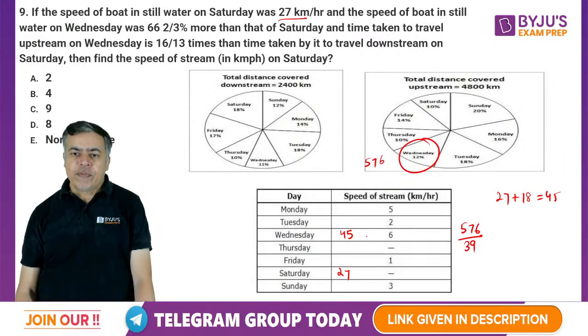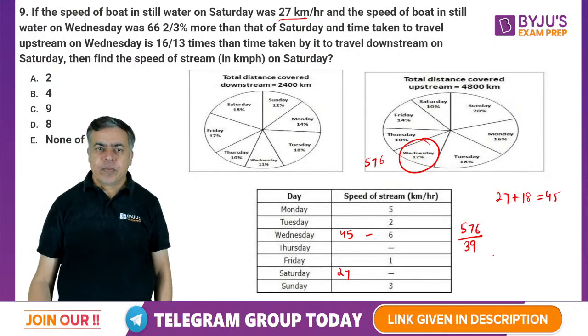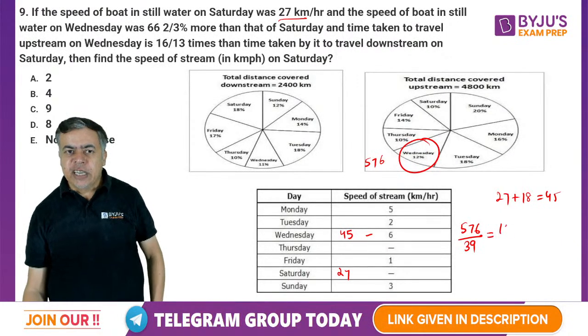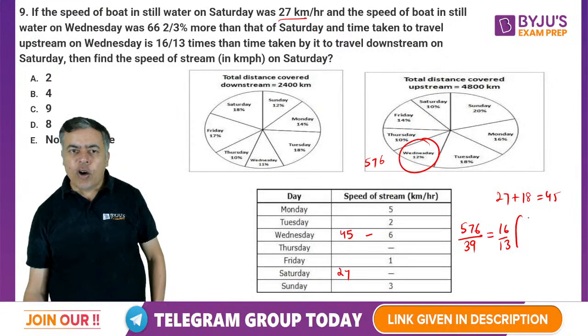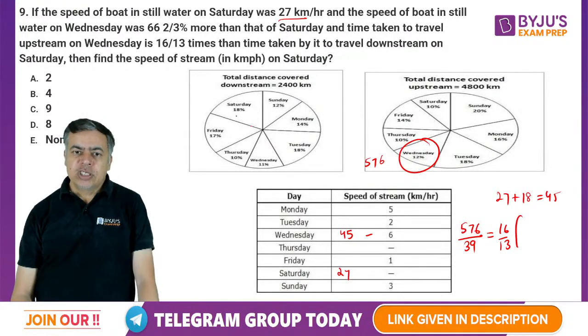Right? 45 minus 6 will be upstream, so it is 39. It's saying this is 16 by 13 times the time taken to travel downstream on Saturday. So Saturday it is 18 into 4, 72, 18 into 36 and 7, 432.